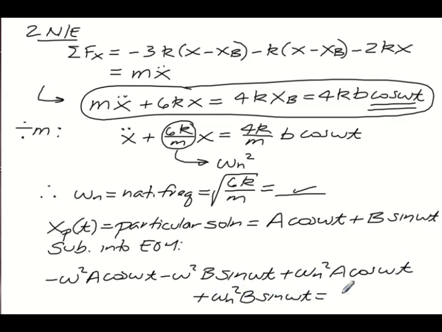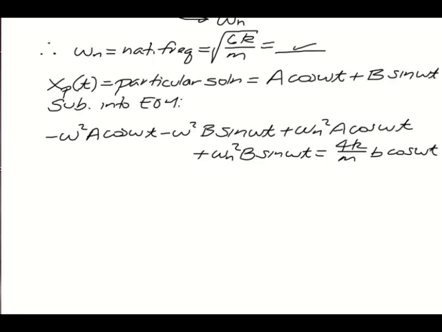On the right hand side, that's going to be 4k over m B cosine. So what we're doing is taking a known result, substituting in, and our goal is to find A and B.